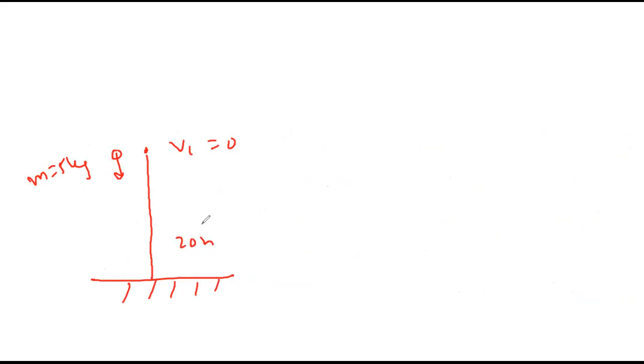It gains speed of 10 after 20 meter. Okay, after 20 meter it is gaining speed. This means this is its final speed, 20 meter, sorry, 10 meter per second. A ball of mass 5 kg, m is 5, is dropped from the height of 20 meter. Its velocity is 10 after 20 meter. What is the work done by gravitational force and air friction?